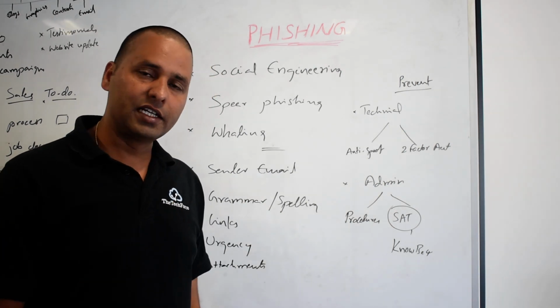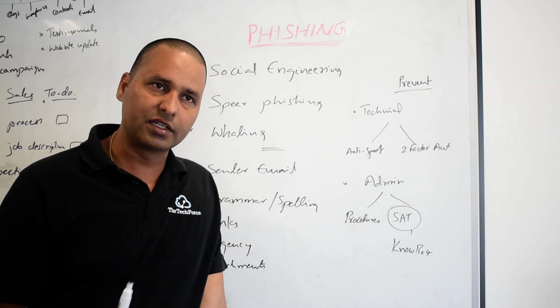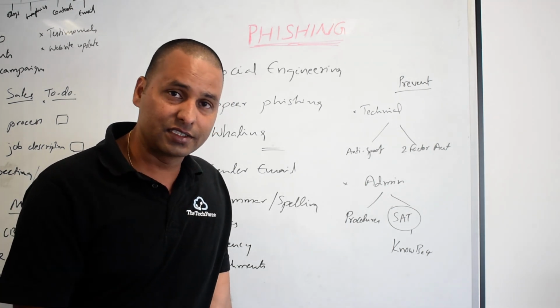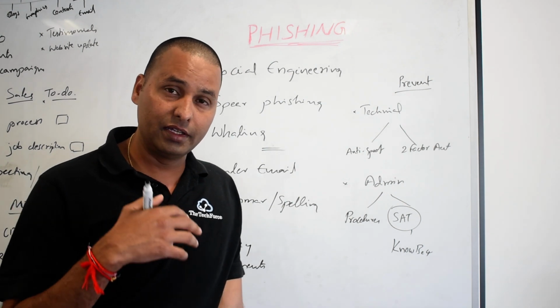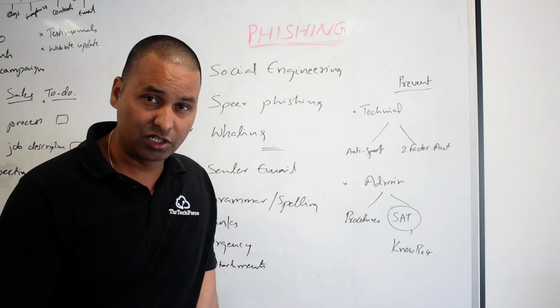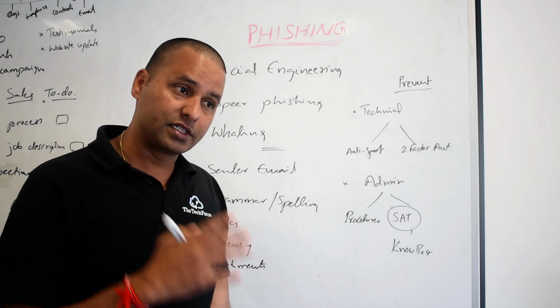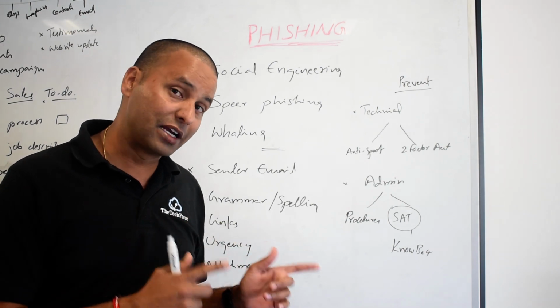So how do you identify these phishing emails? There are several different ways. The first and most important one is to check the sender's email address. Usually the sender is sending from a personal email address like gmail.com, Yahoo Mail, or Hotmail, or from a different but similar-looking domain.